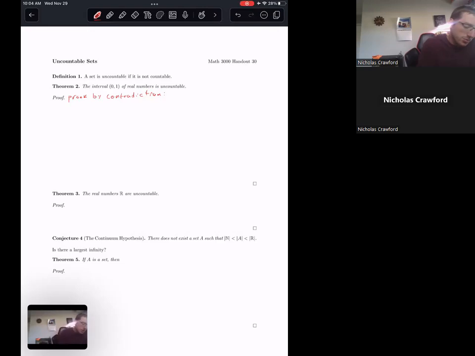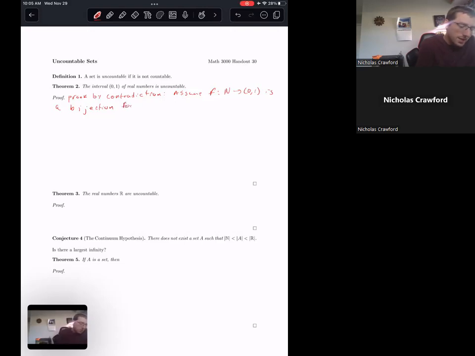Okay, so assume f from n to 0 to 1 is a bijection. Okay, we can't specify what the bijection is, right? We have to kind of take a general bijection-ish thing and then show that it's not going to work.